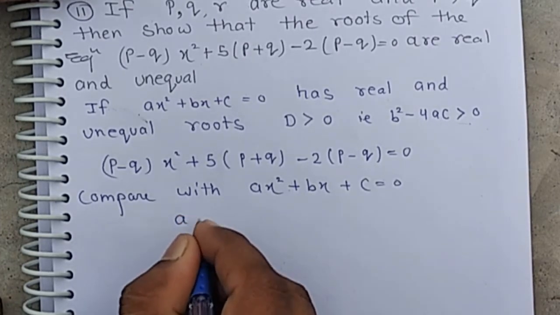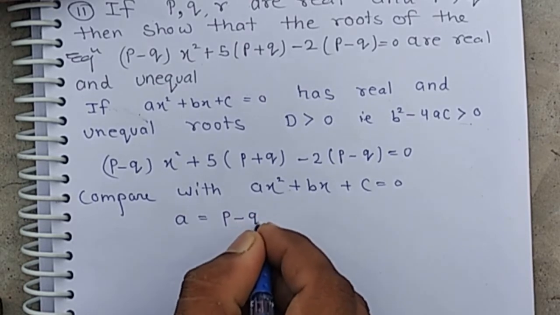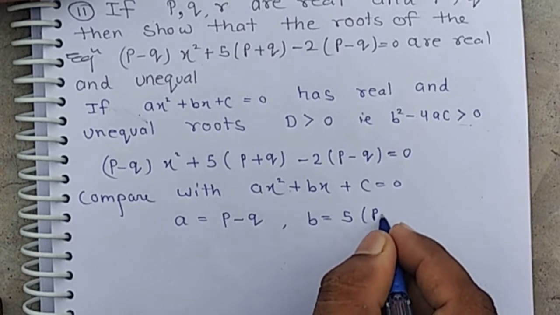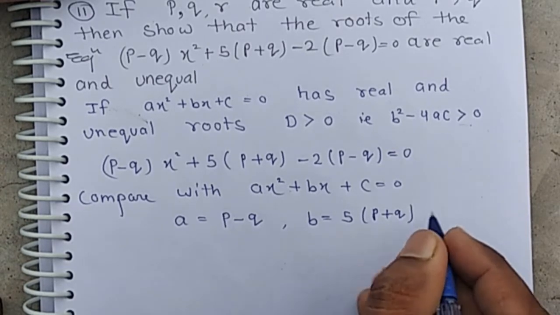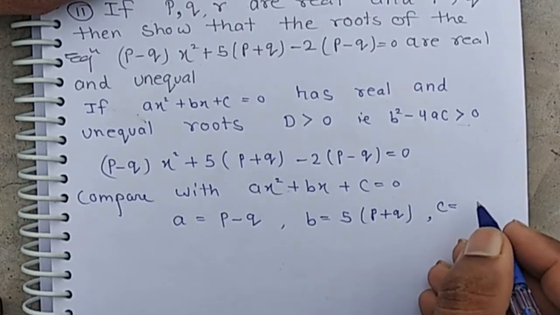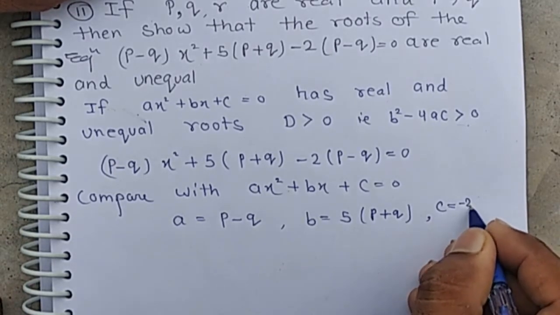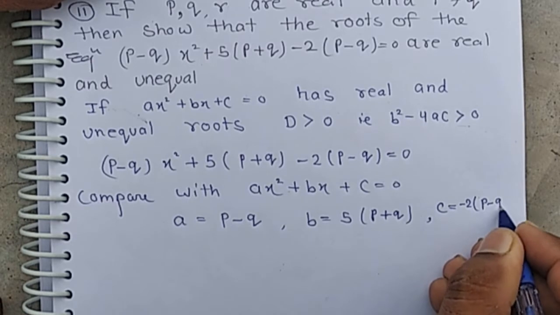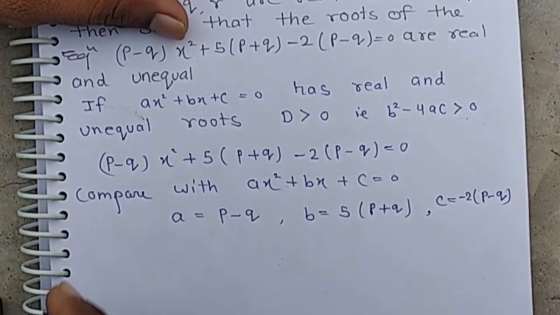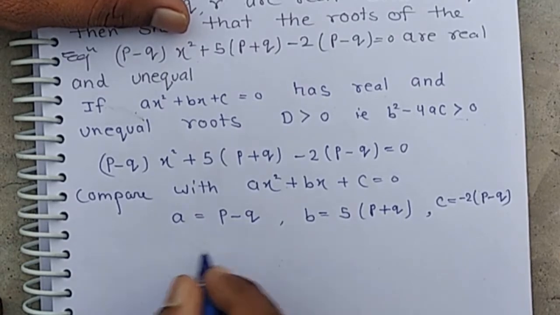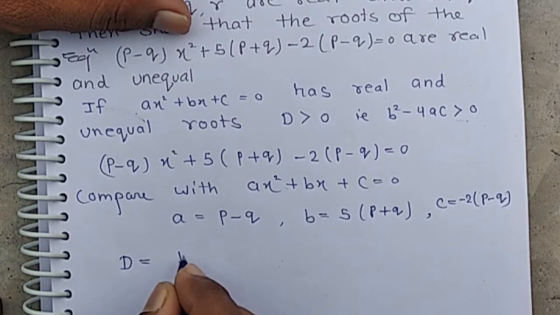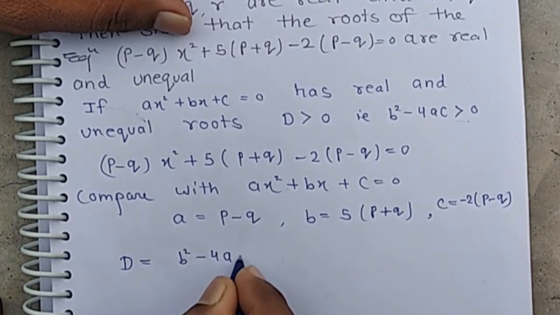We have a equal to p minus q, b equal to 5(p plus q), c equal to minus 2(p minus q). It is the value of c. Now find the value of D. D is equal to b square minus 4ac.